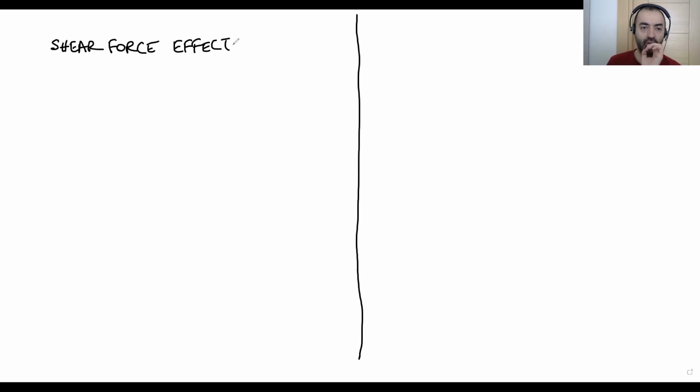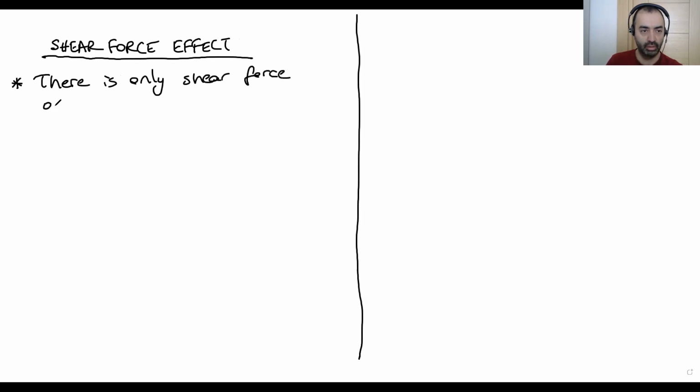Okay, there is only shear force on the section. So let me write here: there is only shear force on the section.